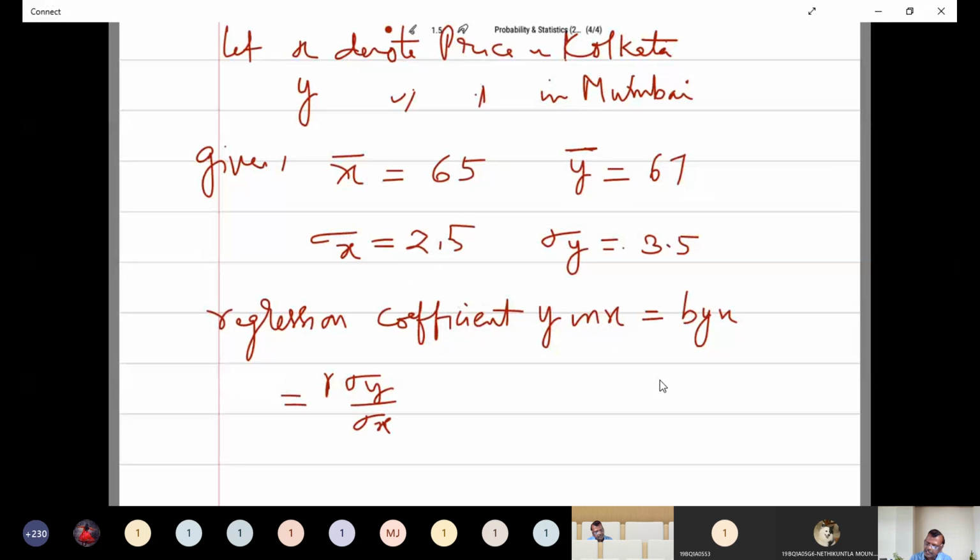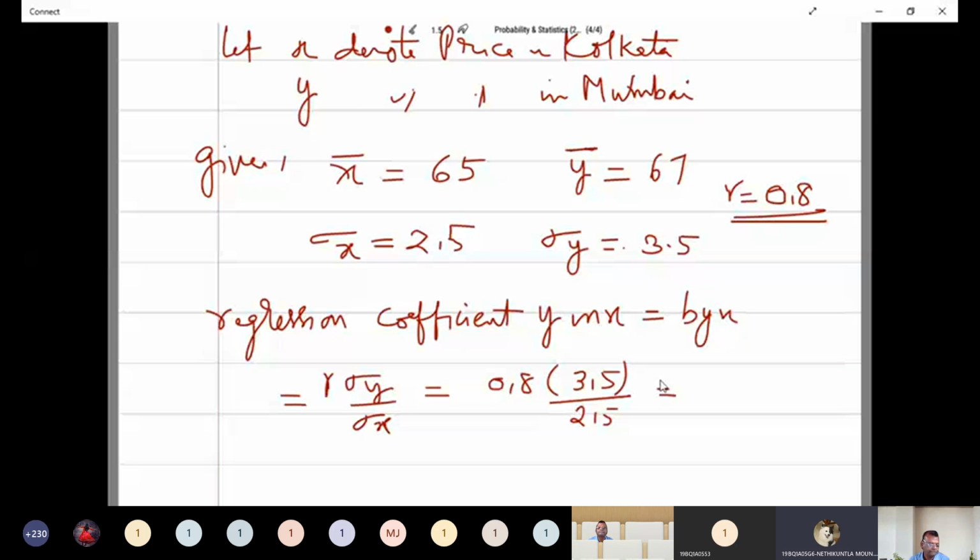The correlation coefficient r is also given, r is equal to 0.8. We substitute here: 0.8 into sigma y, which is 3.5, divided by sigma x, which is 2.5. Simplify that one and it is 0.57. Now, the equation of the regression line.